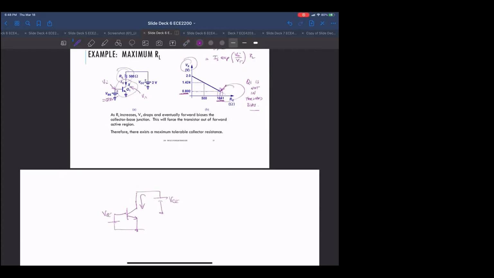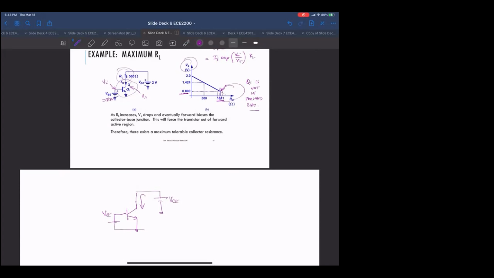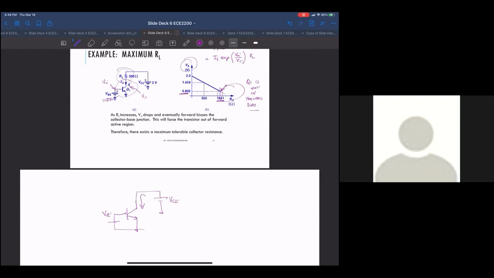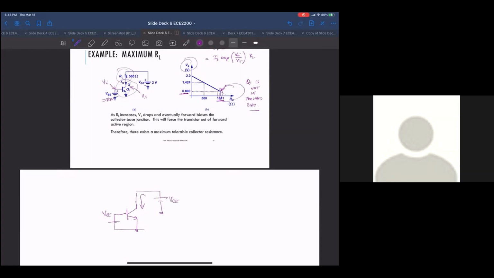I was just trying to understand the reason why, if the resistor gets higher, there won't be a forward bias eventually. Is it because of the voltage drop across the resistor, so if the resistor is higher, then the voltage on that node is not going to be high either? Exactly, that's exactly right. Okay, that makes sense.